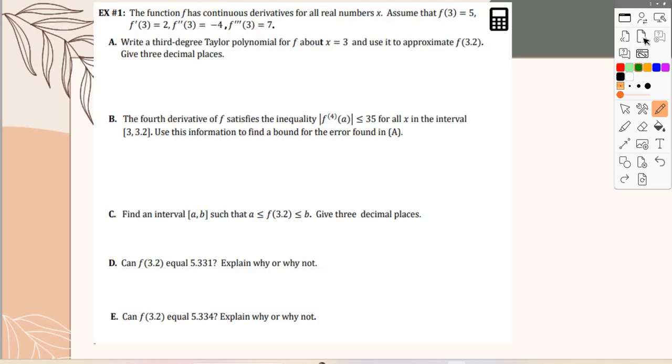So our first part just says to write a third degree Taylor polynomial for f about x equals 3 and use it to approximate f of 3.2. Give 3 decimal places. This is calculator active.